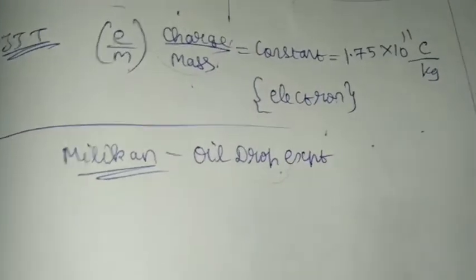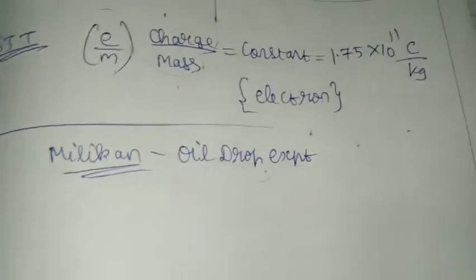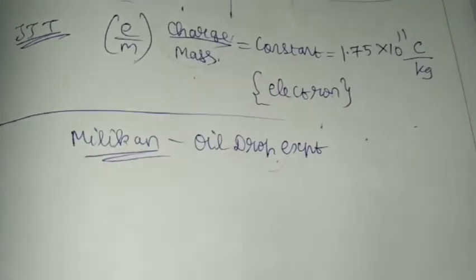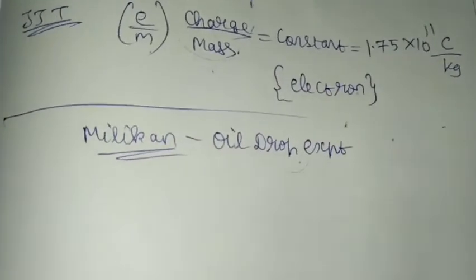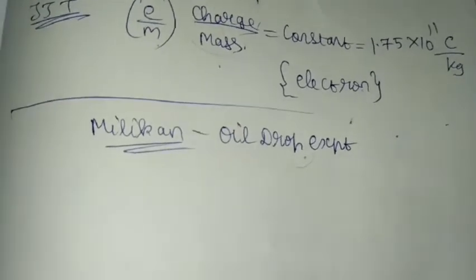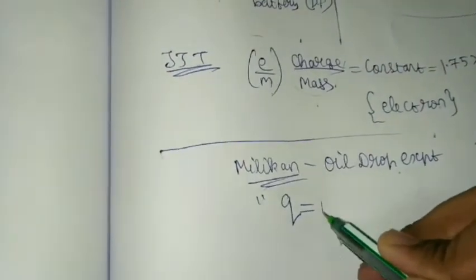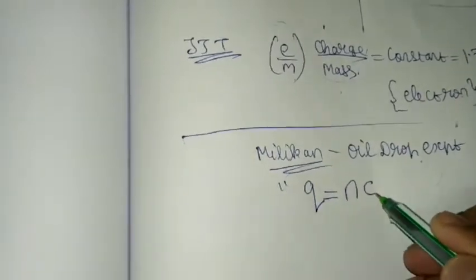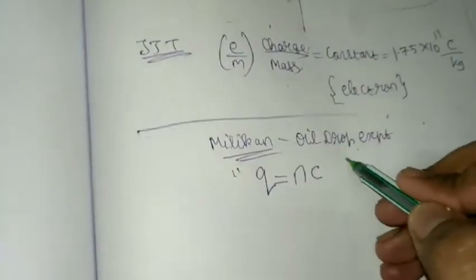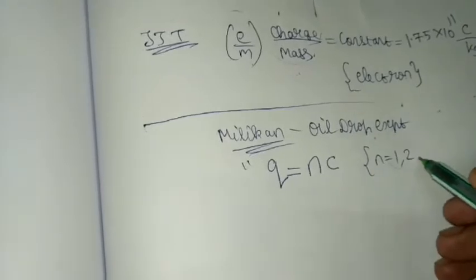On this basis, he studied the effect of these on the motion of the oil droplets, okay. By doing this, he concluded that the magnitude of electric charge on the oil droplets was always an integral multiple of something. This conclusion you need to know. Q is always an integral multiple of some constant: Q = nC, where C is a constant, and n can be 1, 2, 3, whatever.